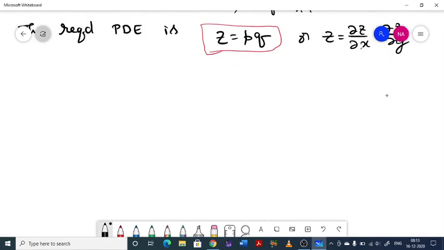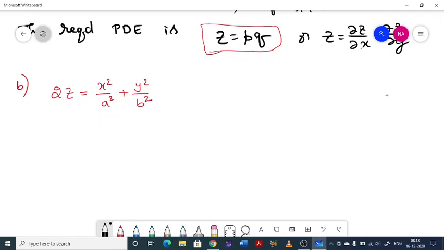Now let us consider one more, problem 2. So the input is 2z equal to x square by a square plus y square by b square.